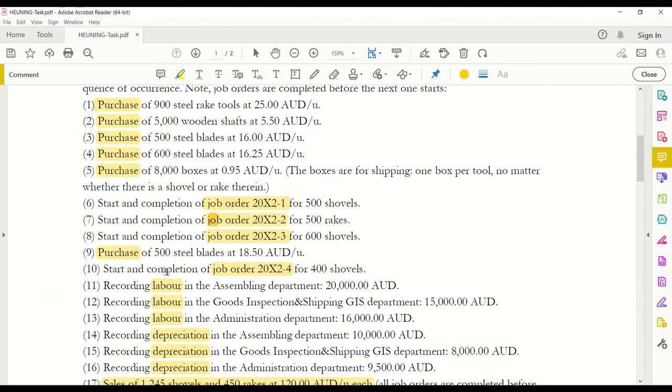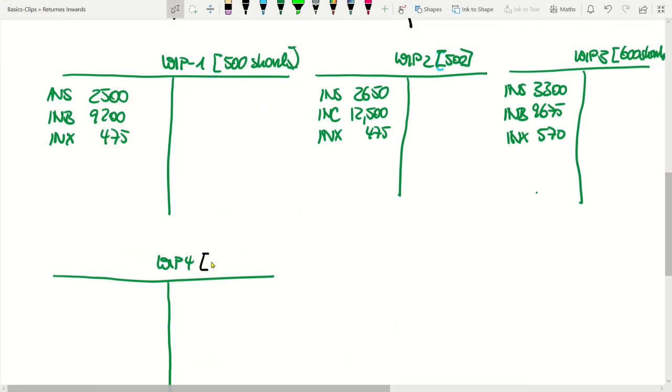Now I record the job order number 4 for 400 shovels. I need 400 shafts. So these 400 shafts will cost us 5.50.